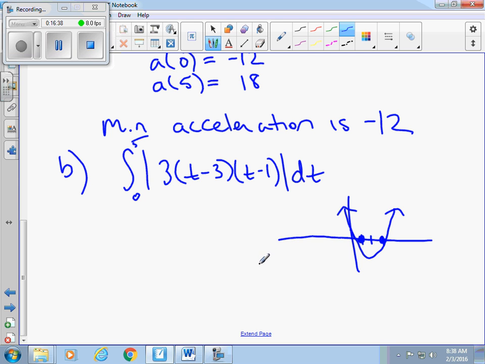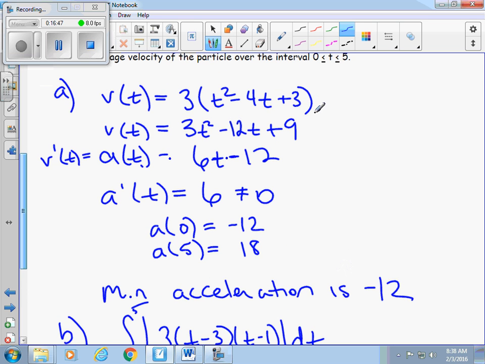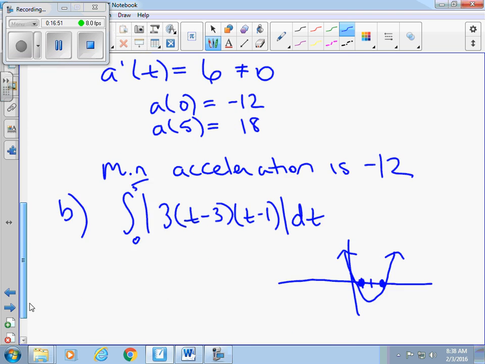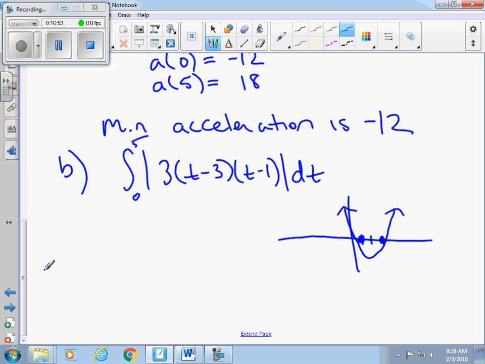Here's what I need to know. I can do the integral of that velocity function by hand. That's not a problem. But how in the world do I take into account the absolute value? Everything's positive. Now, can I just take the integral and make the answer positive?